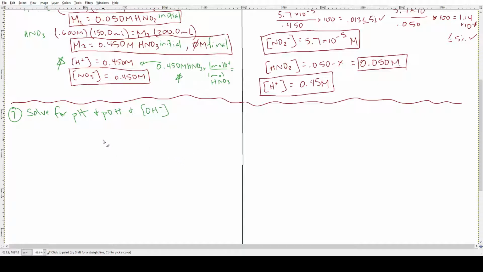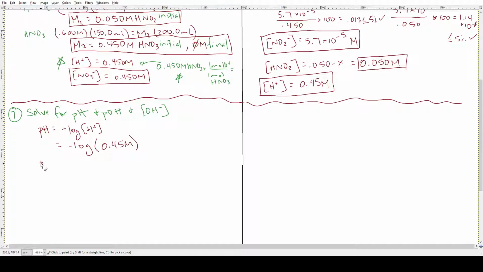So we know that pH is equal to the negative log of the concentration of hydrogen ions, which is equal to the negative log of 0.45 molarity.